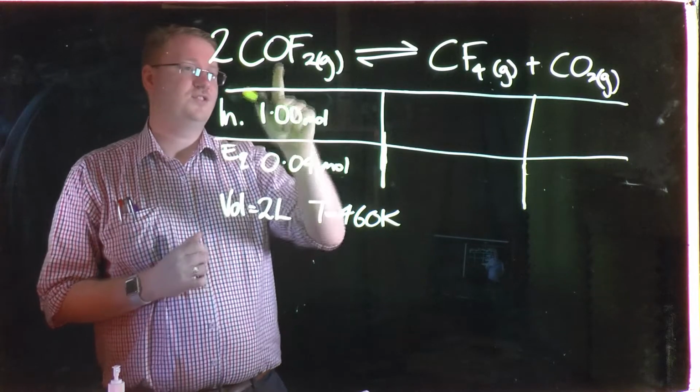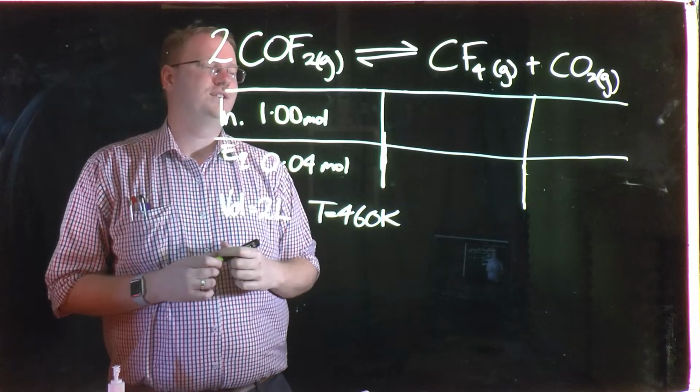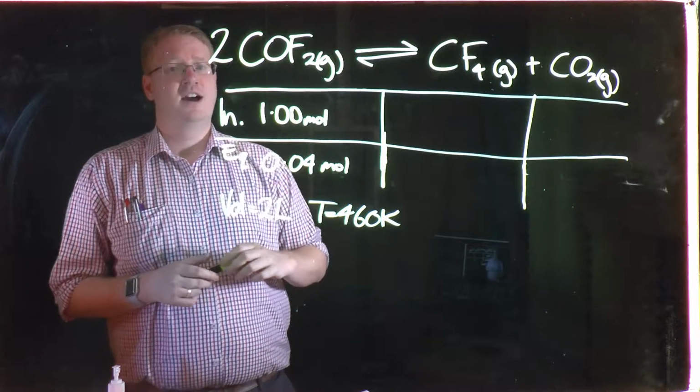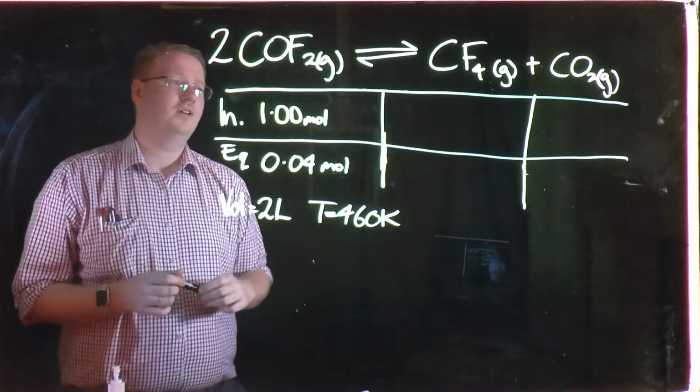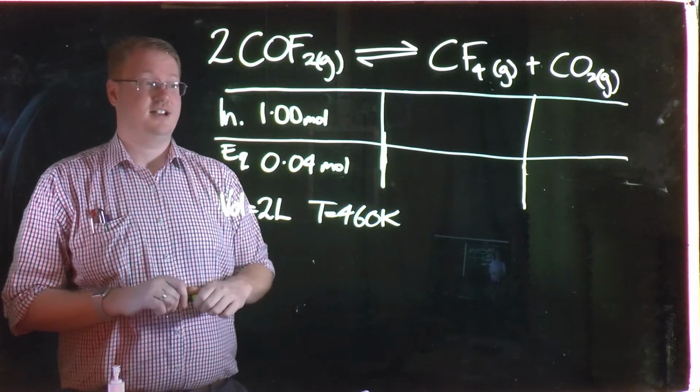And 2 times 2 is 4 fluorines on the left, 4 fluorines on the right. We've got a balance. So 2 moles of carbon-oxygen fluoride going to decompose and form 1 mole of carbon tetrafluoride gas and 1 mole of carbon dioxide gas.